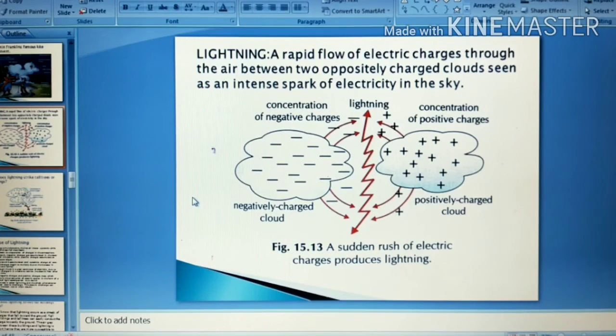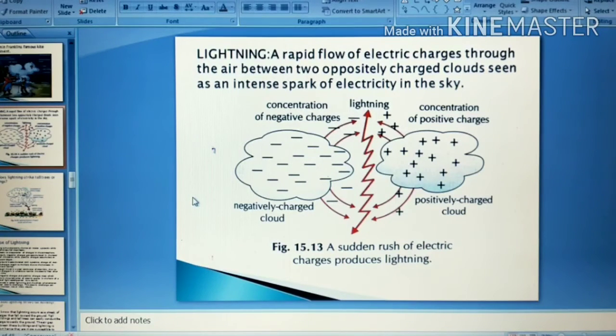This rapid expansion of air molecules sends a disturbance in the form of vibrations through the air, which produces the loud sound. And this loud sound is called thunder. So finally, we have understood how lightning is caused and how thunder is produced.